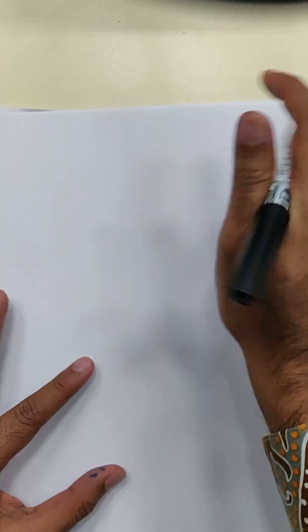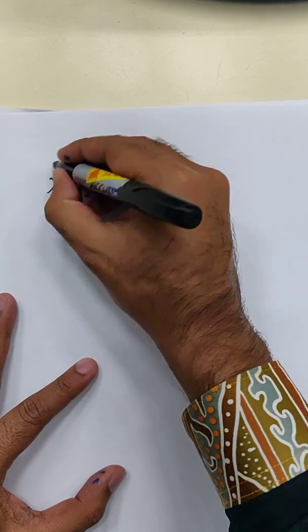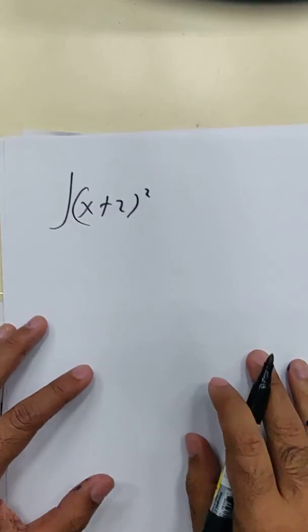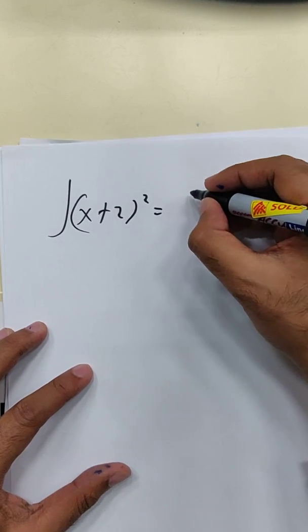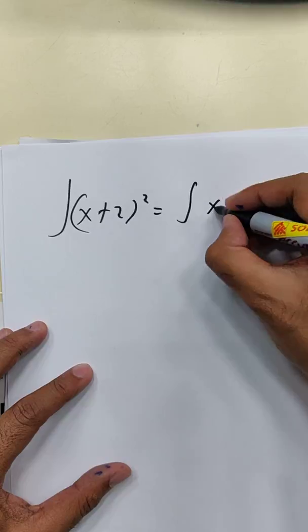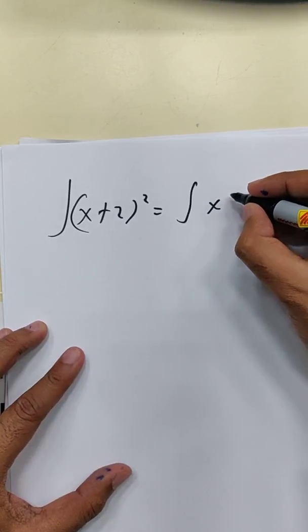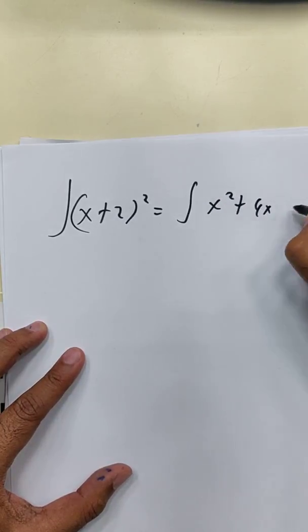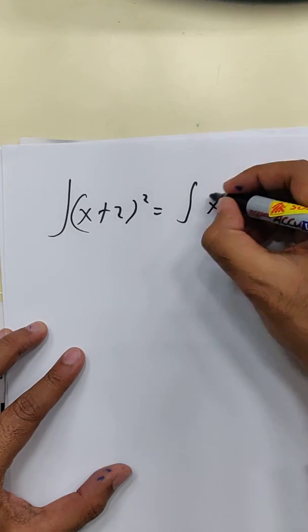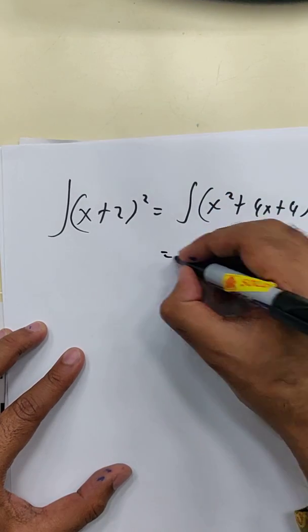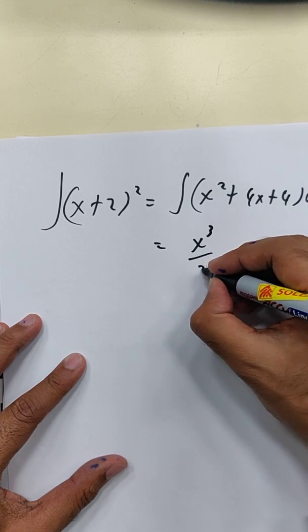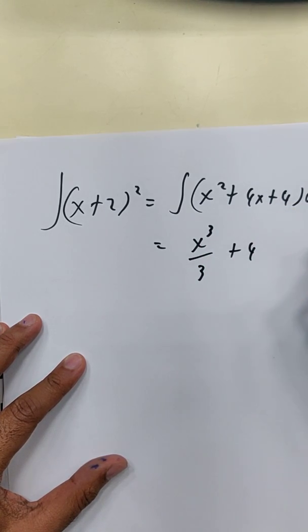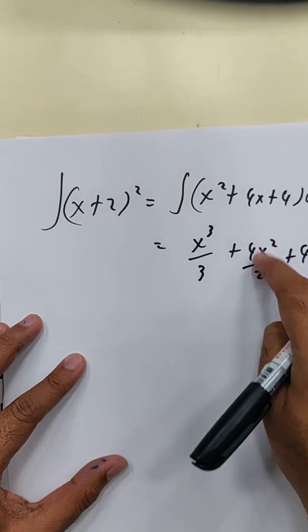If I give myself something like (x + 2) squared, well, it's a lot easier if you expand them, and then you integrate them up. Of course, you can simplify.